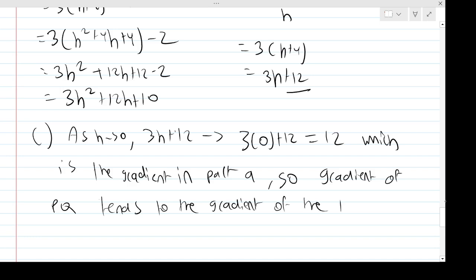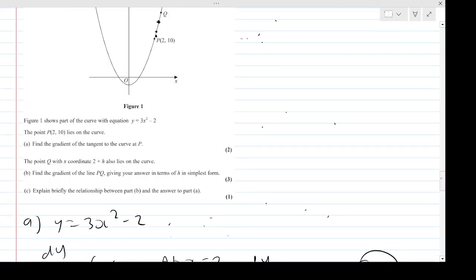So remember, what we looked at in part A was the exact gradient of the tangent, right? So if you draw a tangent line at P, that was the tangent in part A, which is what differentiating tells us. It tells us the gradient of the tangent at the point, okay?